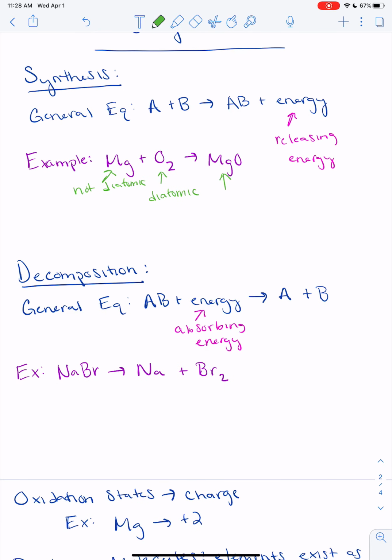Well, we have to think back to when we were writing ionic equations. So we would say magnesium has a charge of +2, oxygen has a charge of -2, and remember we switch these numbers here. We would get Mg2O2, which simplifies to MgO. And in this case, you do have to simplify it. You can't leave it as Mg2O2.